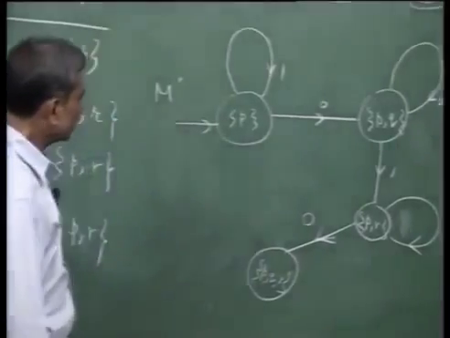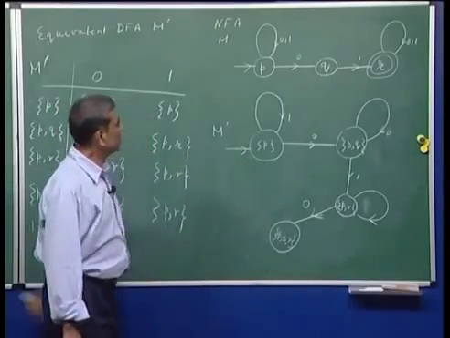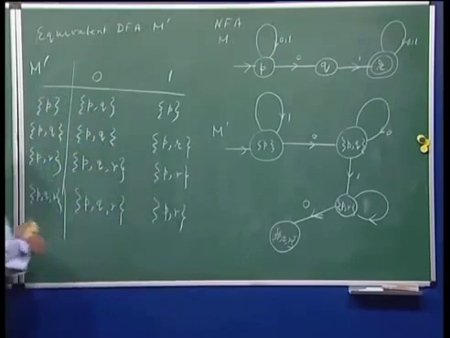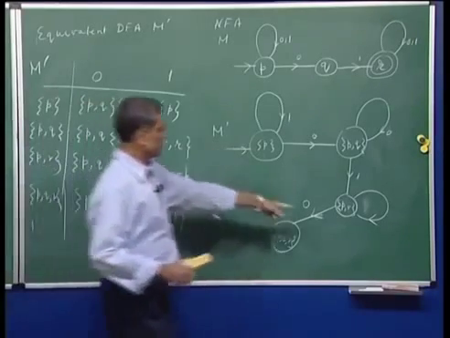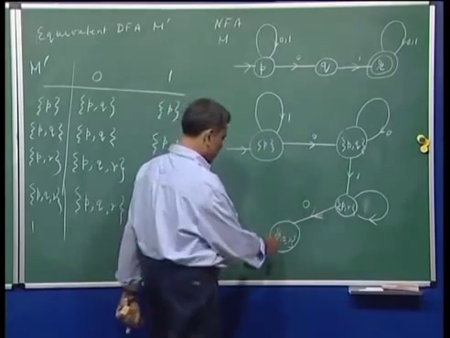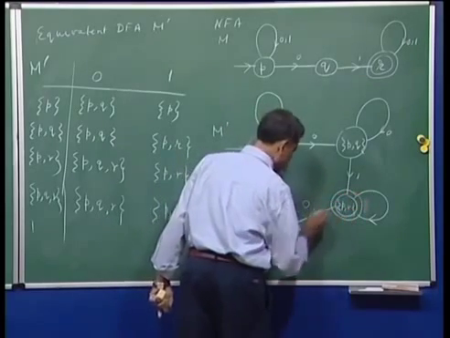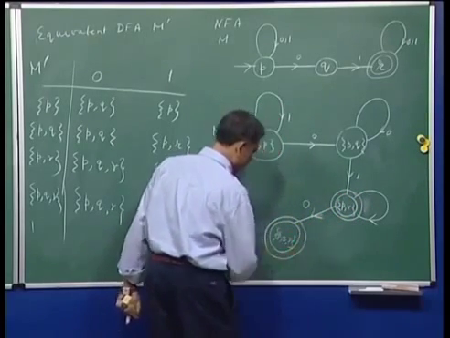Okay. What are the final states? All those subsets which have a final state of the NFA as one of the members. So, you can see the final state here is only R. So, R occurs here, R occurs here. So, these are the two final states.